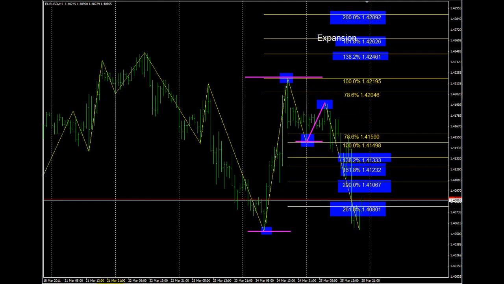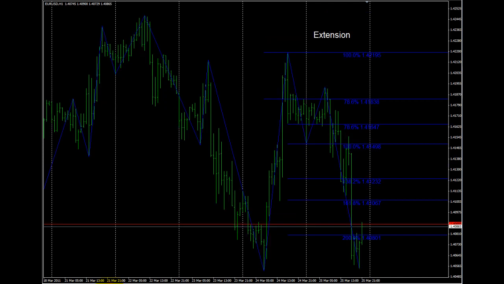The same thing applies for the extensions, okay? The extensions are performed in the same fashion. It's just different ratios are used, and a different price point is used to create the projections.